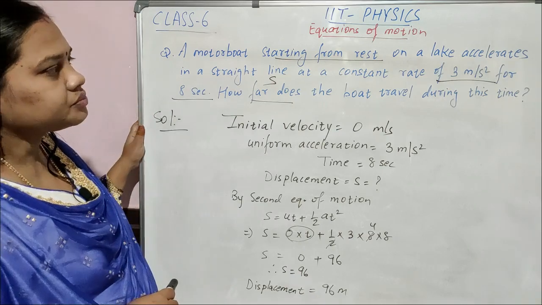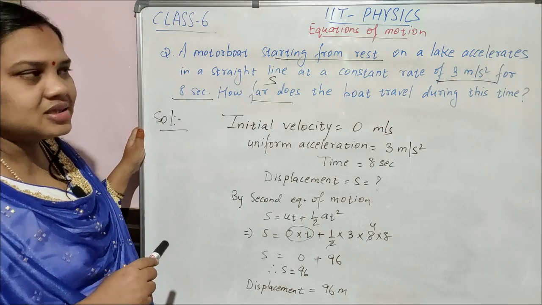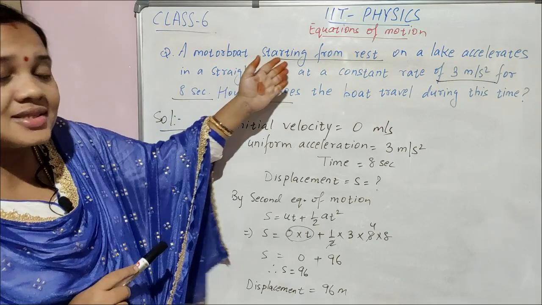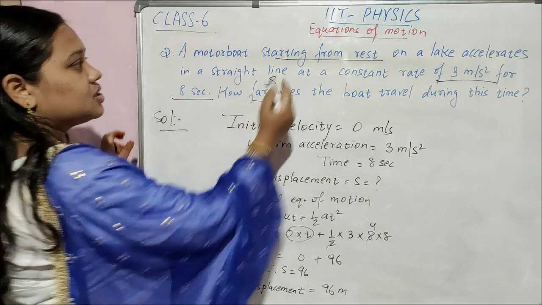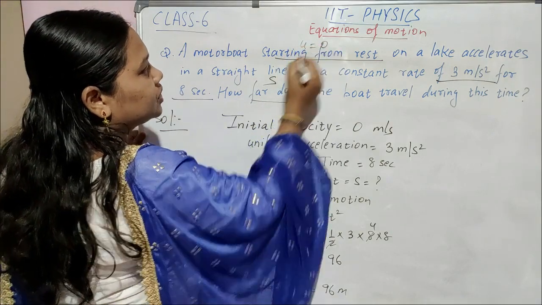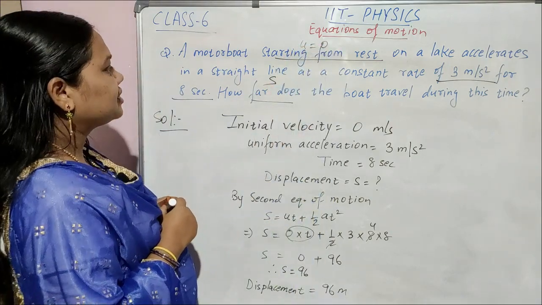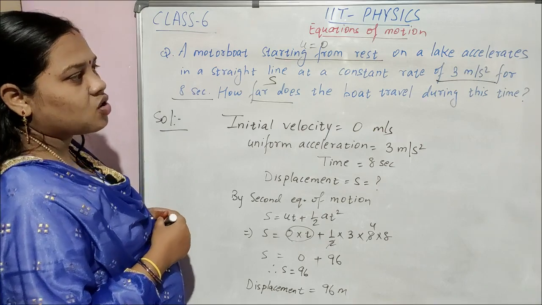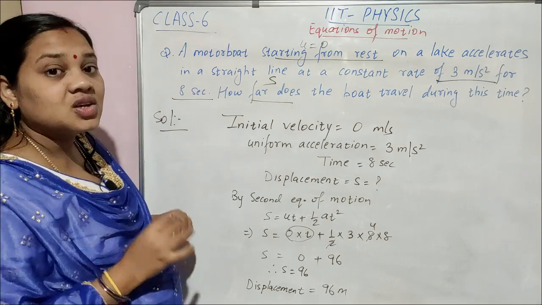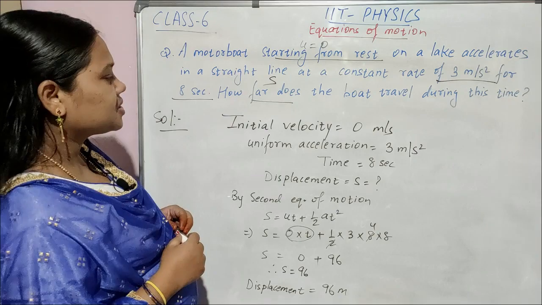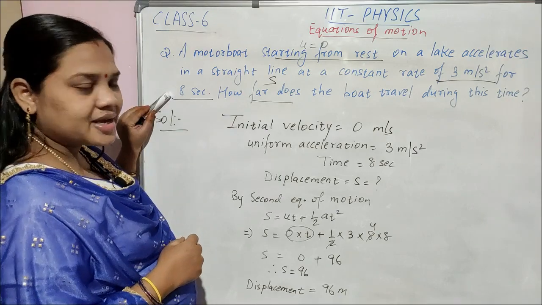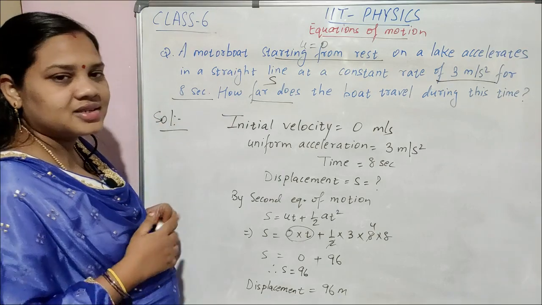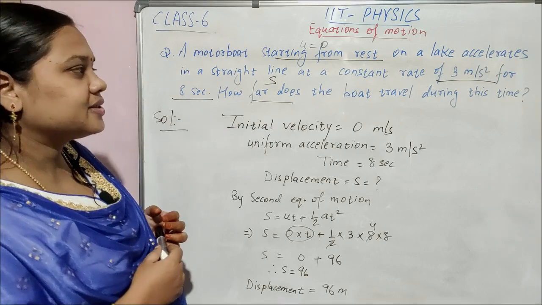So once again, a motor boat starts from rest. As it starts from rest, its initial velocity u is 0 here. On a lake, it accelerates in a straight line at a constant rate, which means uniform acceleration, 3 meter per second square, for time 8 seconds. How far does the boat travel during this time?